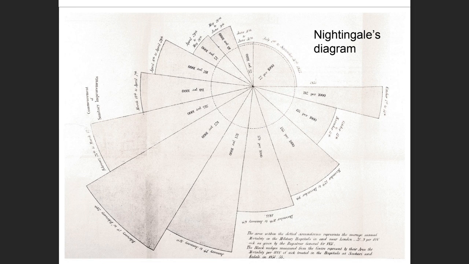I think at the time, she compared hospitals in London or England with hospitals in Crimea. Current affairs: at that time, the British Empire was fighting probably the Russian Empire in Crimea, or the Ottoman, somebody there.